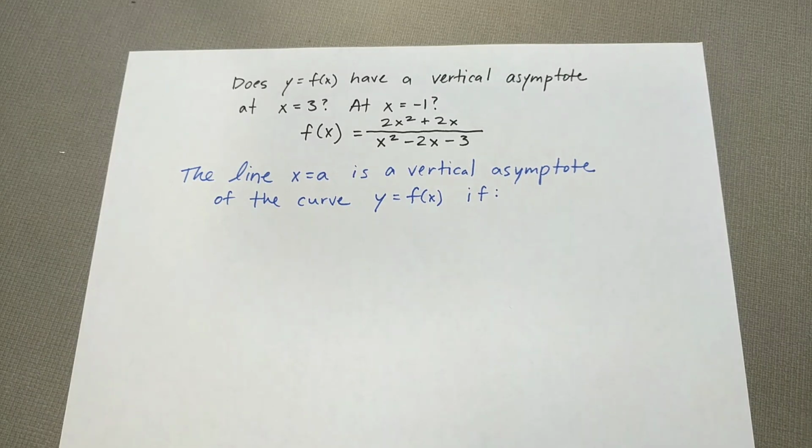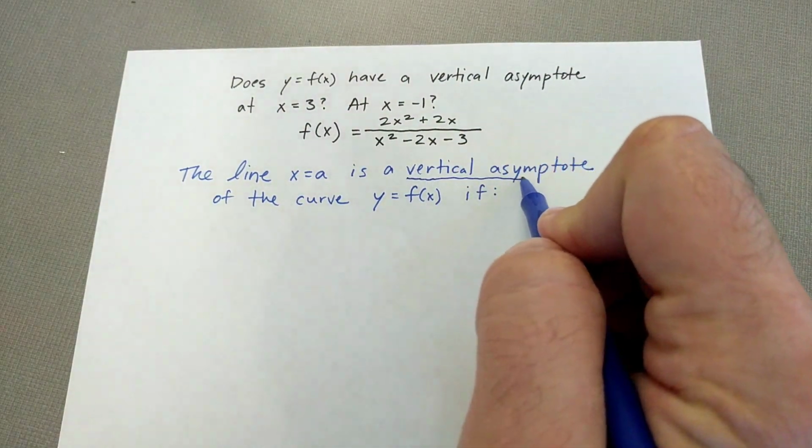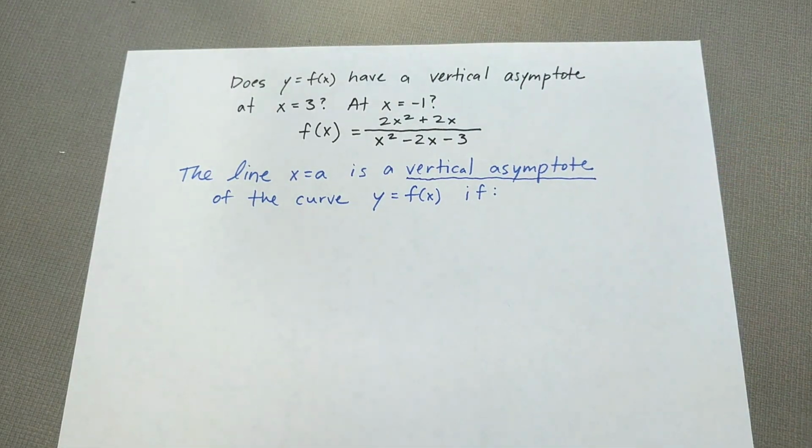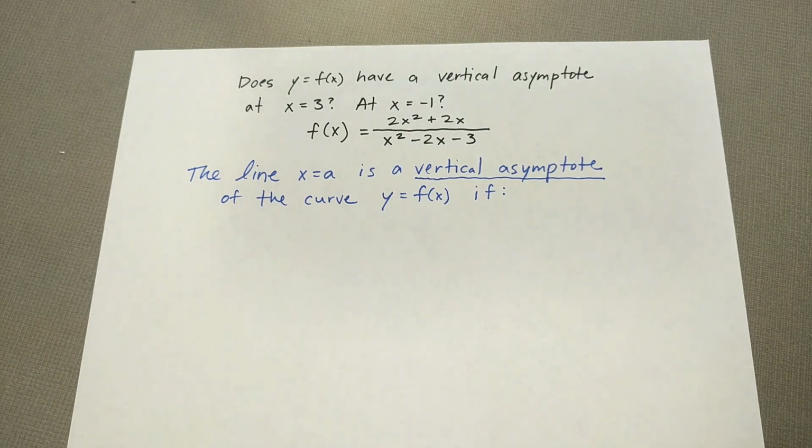And so I have in blue there the start of the definition of a vertical asymptote. We say that the line x equals a is a vertical asymptote of the curve y equals f of x if one or both of the following things are true.